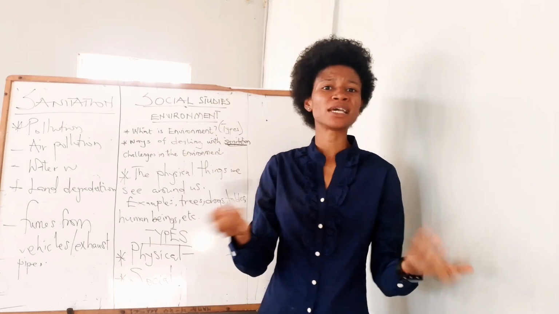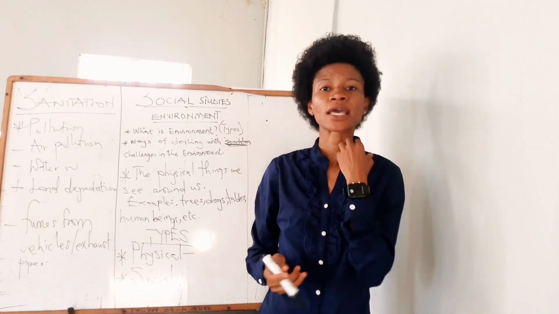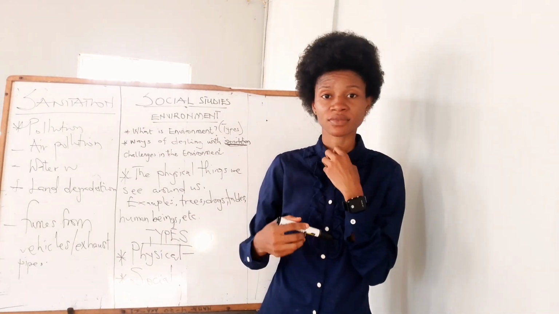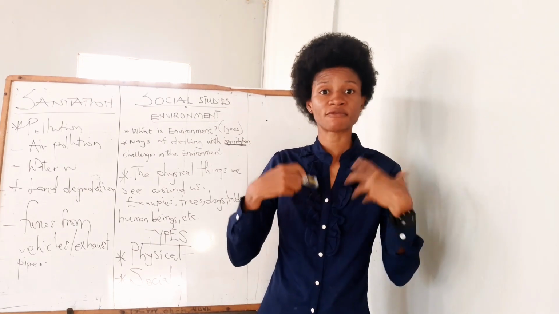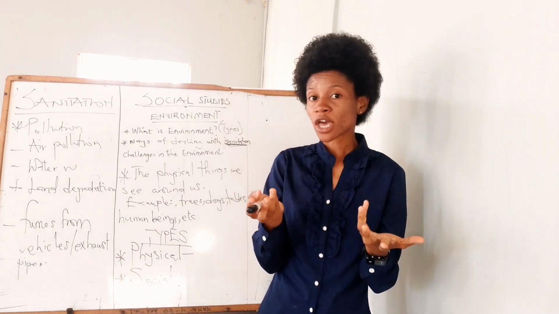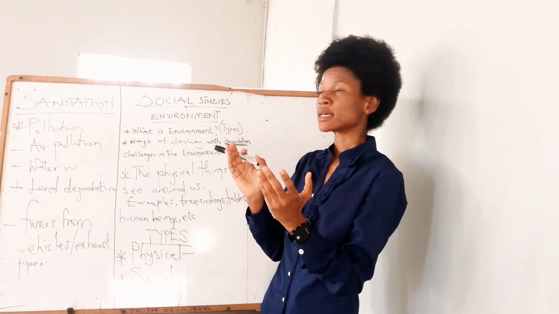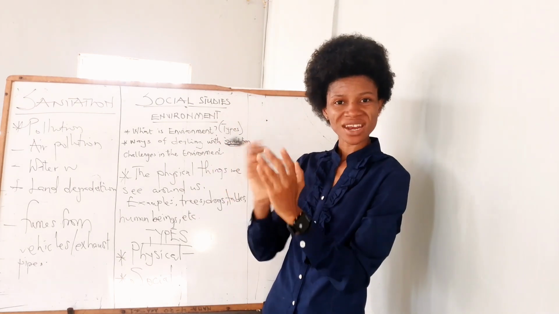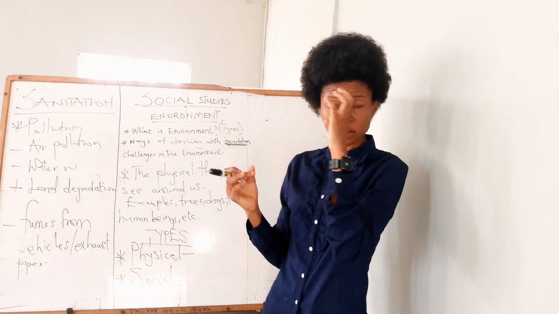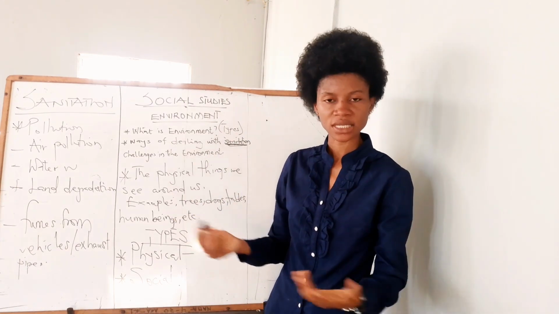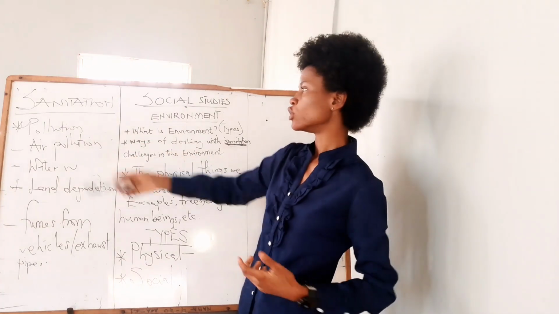You can even use our day-to-day activities, like releasing gases when a person farts. So that is also air pollution. Let's say you're in a room with nice, fresh air moving and then unfortunately somebody farts. You see, it causes air pollution.